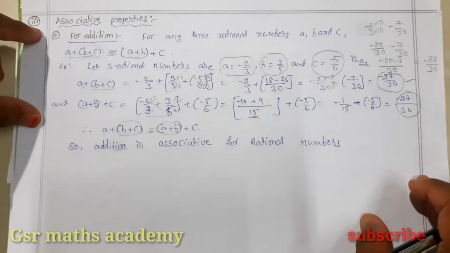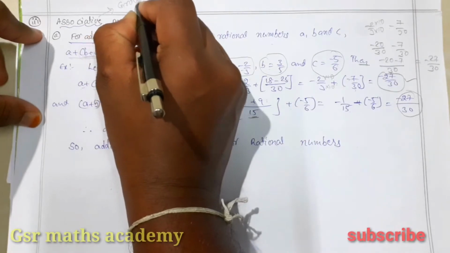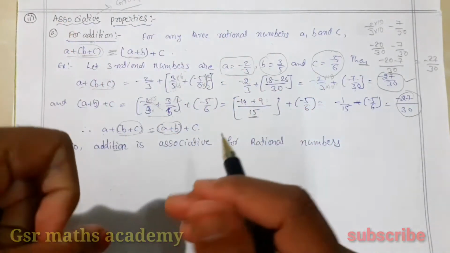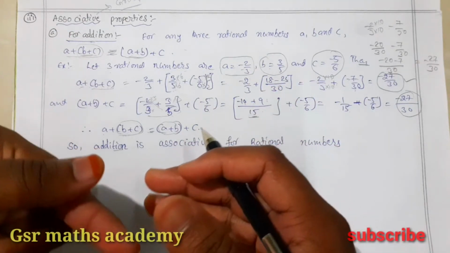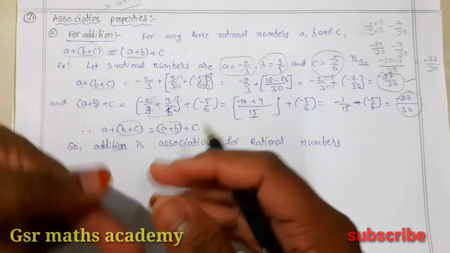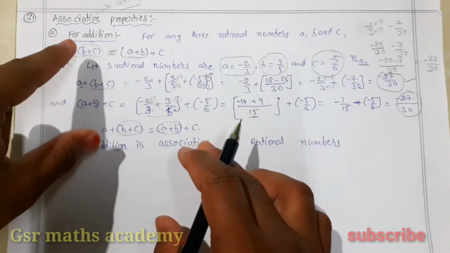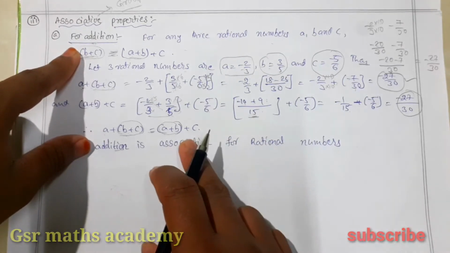Here you need to understand that association means group. If you change the groups while performing an operation and the result remains the same, then we can say that rational numbers follow the associative property under that operation. Here, the collection of rational numbers follows the associative property under addition.